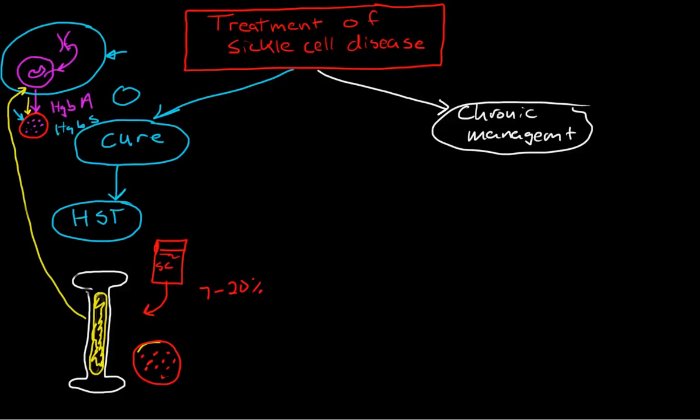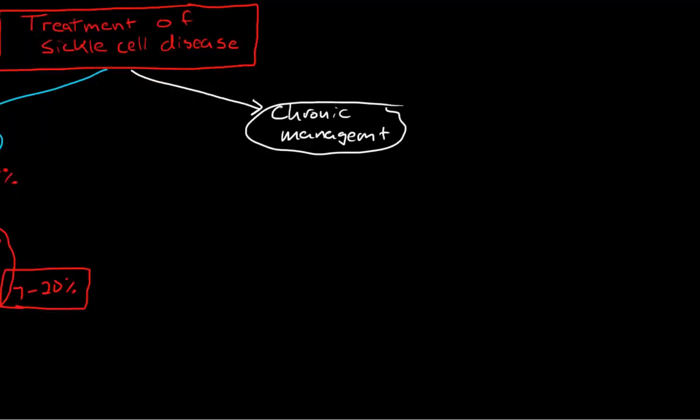Also, the white blood cells from the donor can attack the patient's entire body as non-self, and this is called graft-versus-host disease, which can cause mortality as well. So this is something to consider very carefully, and it's only available to patients that have healthy siblings. About 25% of sickle cell patients can receive it. So cure is an option that's only available to a minority of patients.